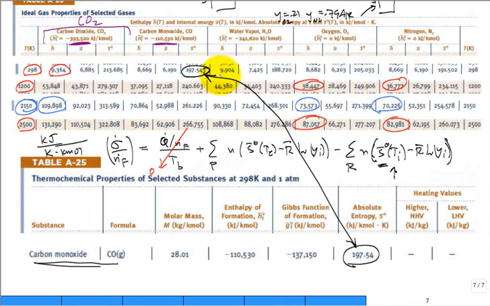And then we have to do it at the elevated temperature for our adiabatic flame temperature, 2150. We have to get the carbon dioxide S bar naught. We have to get the oxygen S bar naught, and the nitrogen absolute entropy at that elevated temperature.